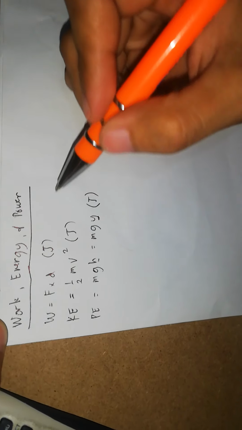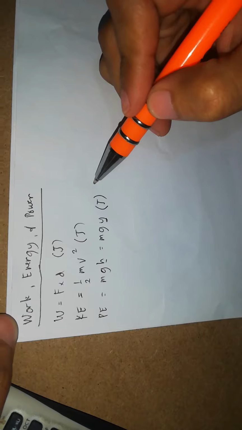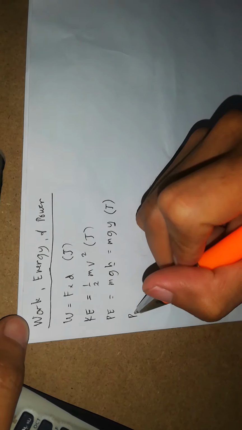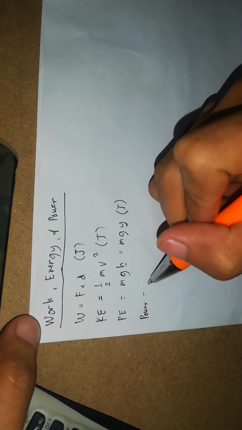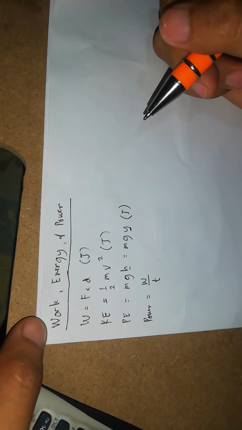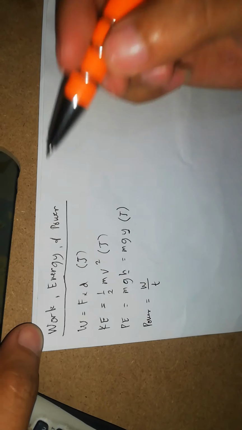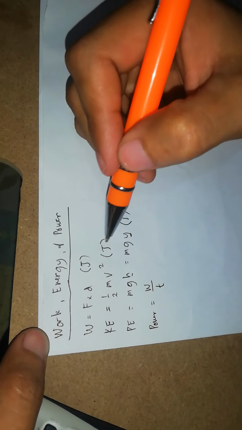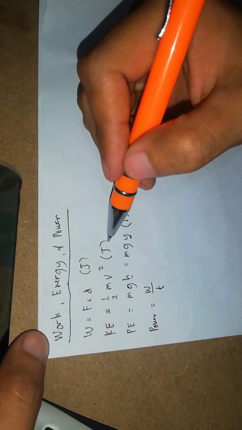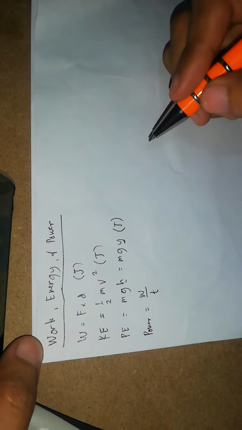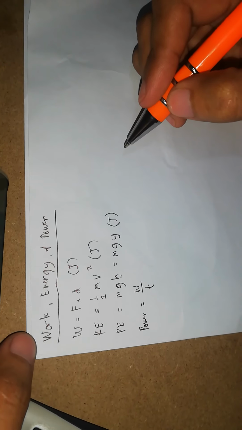Okay, so how can we relate work and energy to power? So power is equal to work done divided by time. Since the unit of work is equal to the unit of kinetic energy and potential energy, either of the three will do.